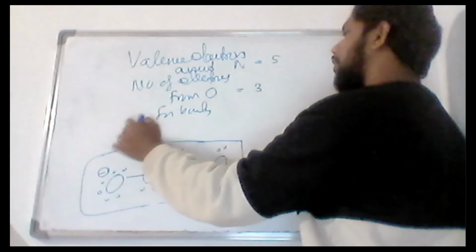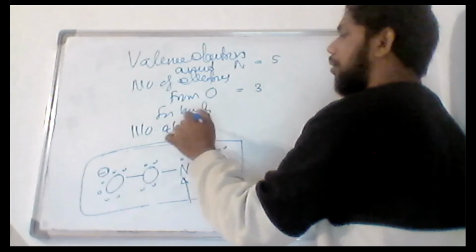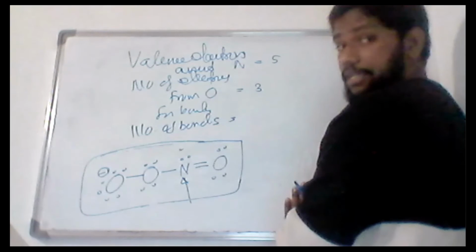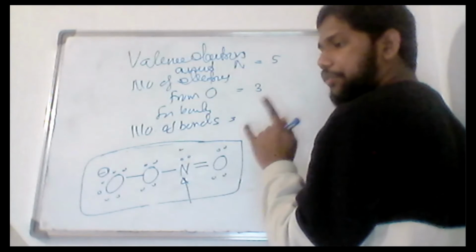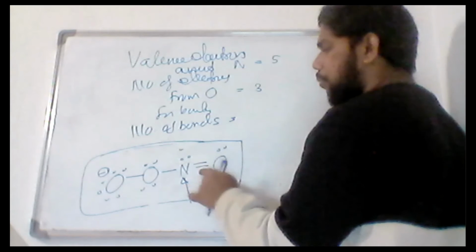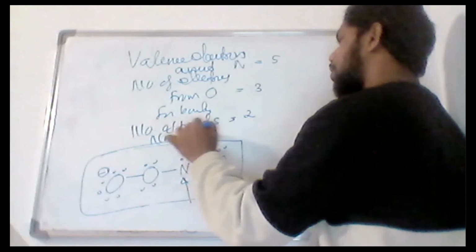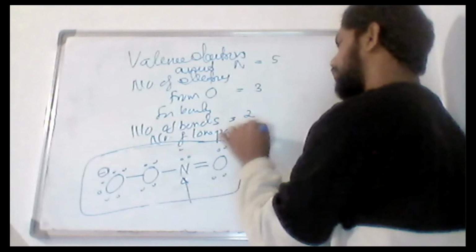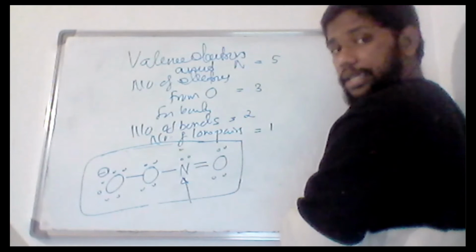Then you can write down number of bonds directly. Okay. So if you can remember, I told you when you write down the number of bonds, you count the sigma bonds 1, 2. Then you write number of lone pairs. It is 1. Okay.